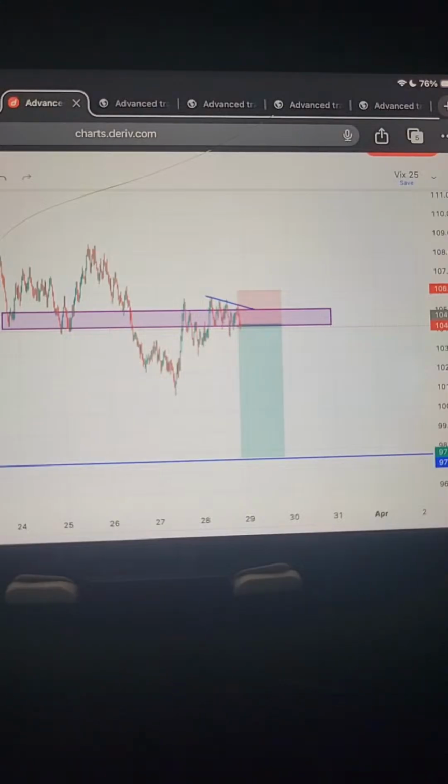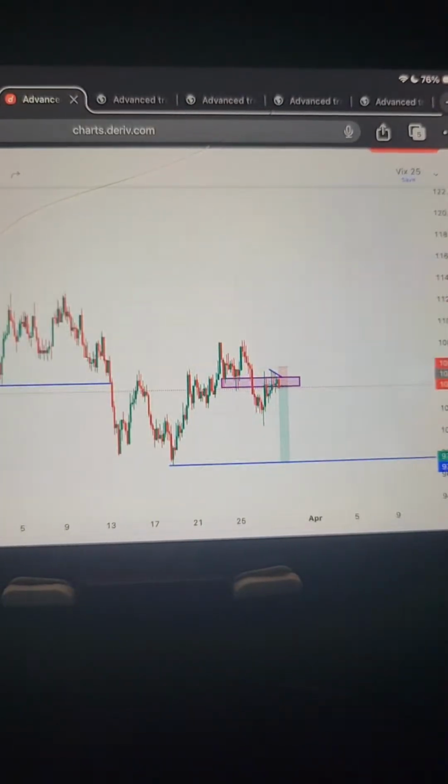So there's one thing I want you to understand about structure. Structure is not that hard. You just need to be patient and wait for price to do the right thing. External structure on this volatility 50, like I said, the external structure was bearish.